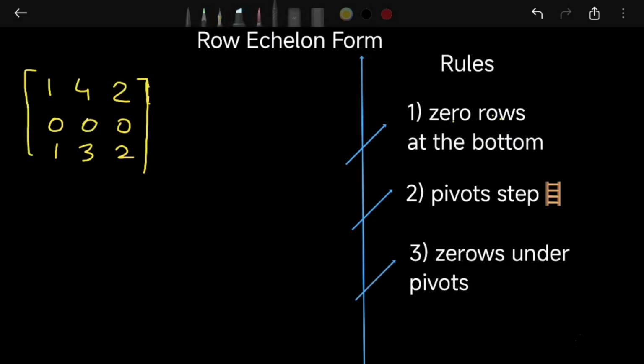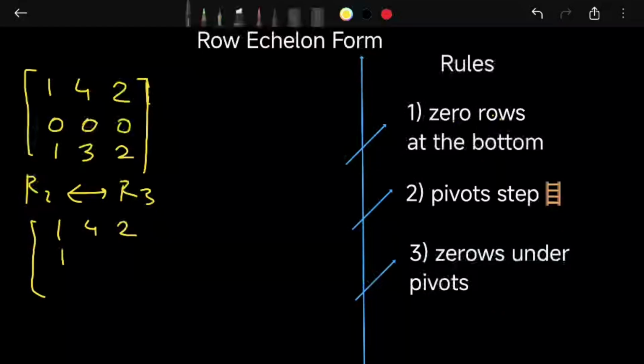The operation is interchange of rows R2 and R3. So we have the new matrix as 1 4 2, 1 3 2, and 0 0 0. So we are done with the first rule: if your matrix has a row entirely made of zeros, then sweep it straight to the bottom. This is our first rule.